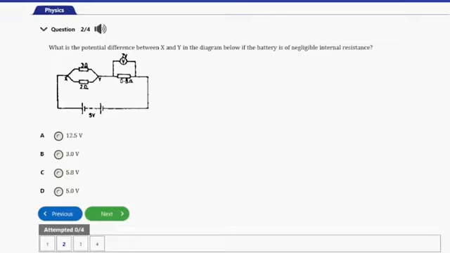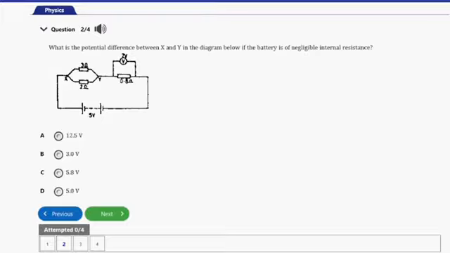It says, what is the potential difference between X and Y in the diagram below if the battery is of negligible internal resistance? For this diagram, to find the potential difference across X and Y, we first have to find the resistance in this parallel connection between X and Y, since V is equal to IR.